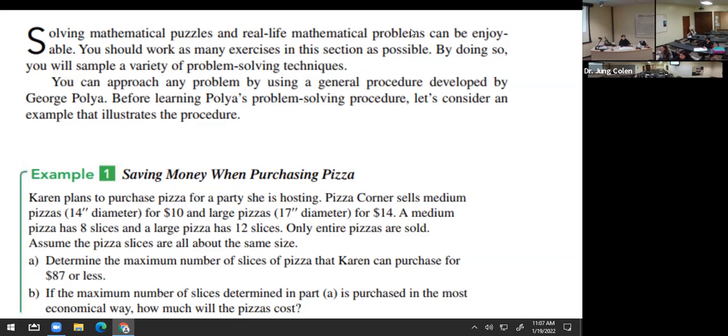First, I want you to think about what is important information for you to do. I mean, after you understand what you need to do. What is the important information? First of all, what do you need to find?